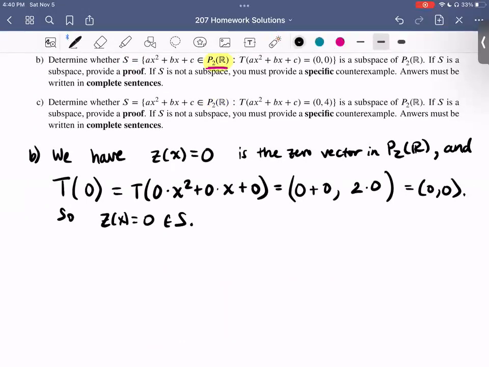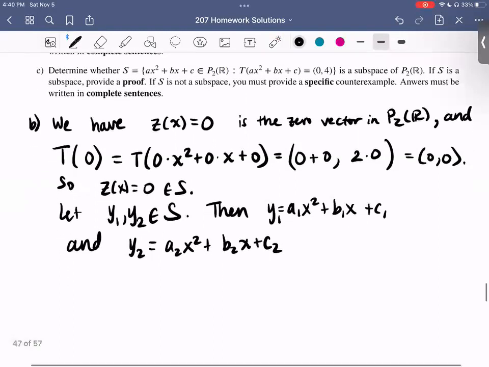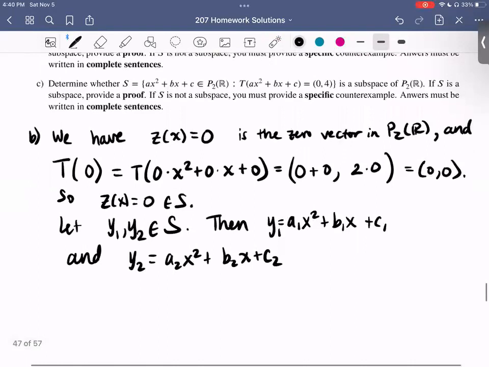That's not a proof. So we need to let y1 and y2 be general elements of our set. So then we can say y1 is a1 x squared plus b1 x plus c1, and y2 equals a2 x squared plus b2 x plus c2. Those are two polynomials.